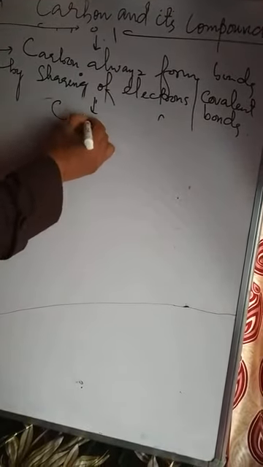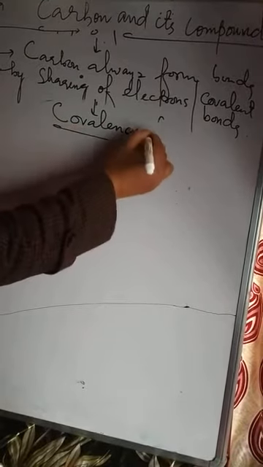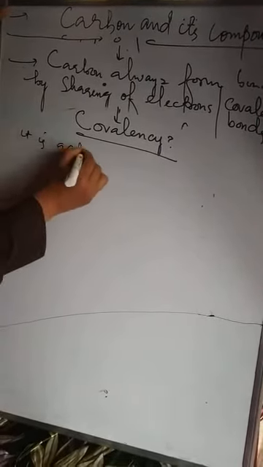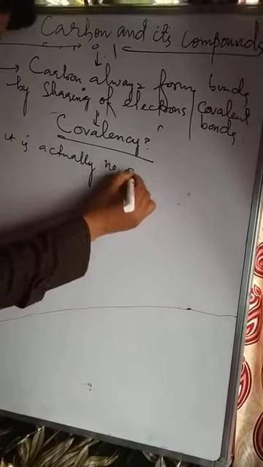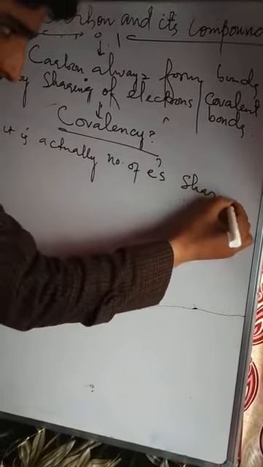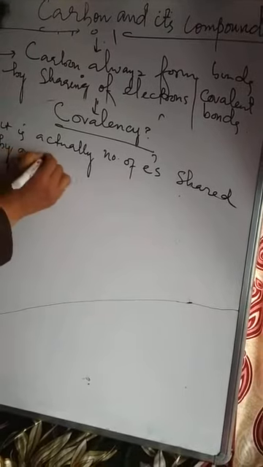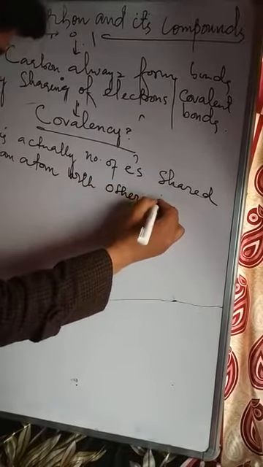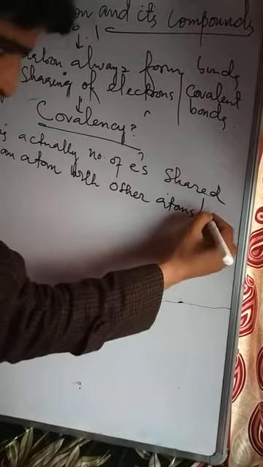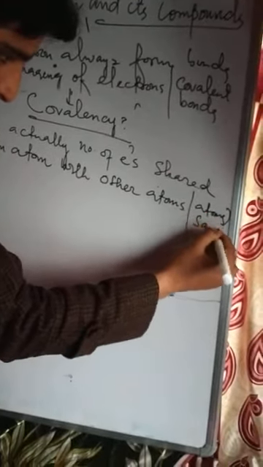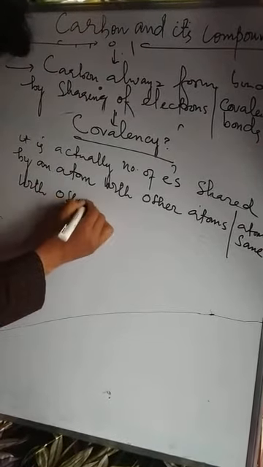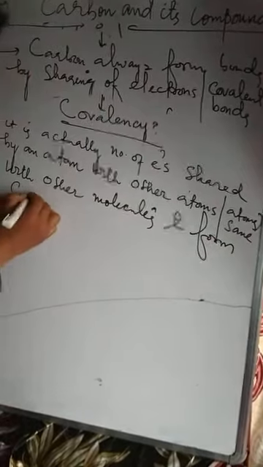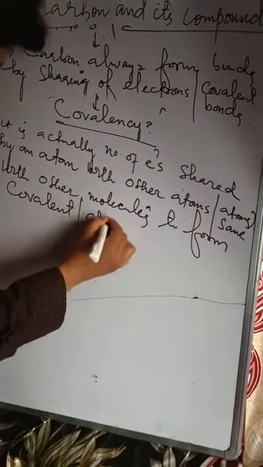Now we have one more topic, that's covalency. Covalency is actually the number of electrons shared by an atom with other atoms, which may be the same atoms as well, or with other molecules, to form covalent or chemical bonds.